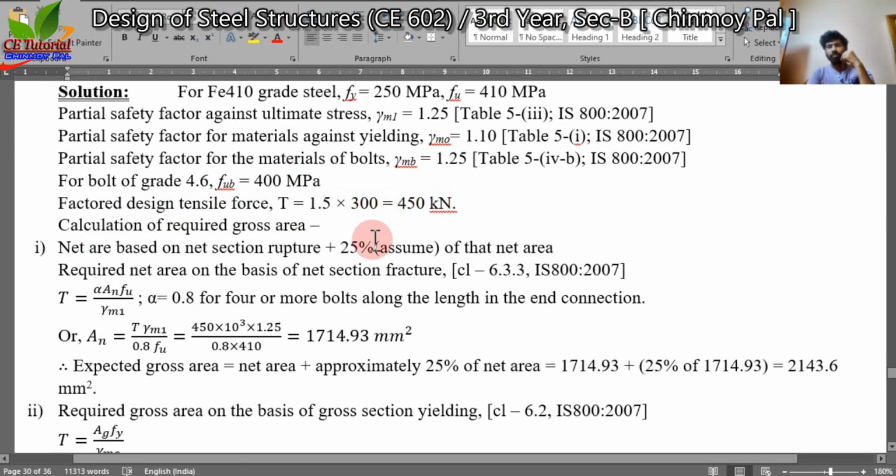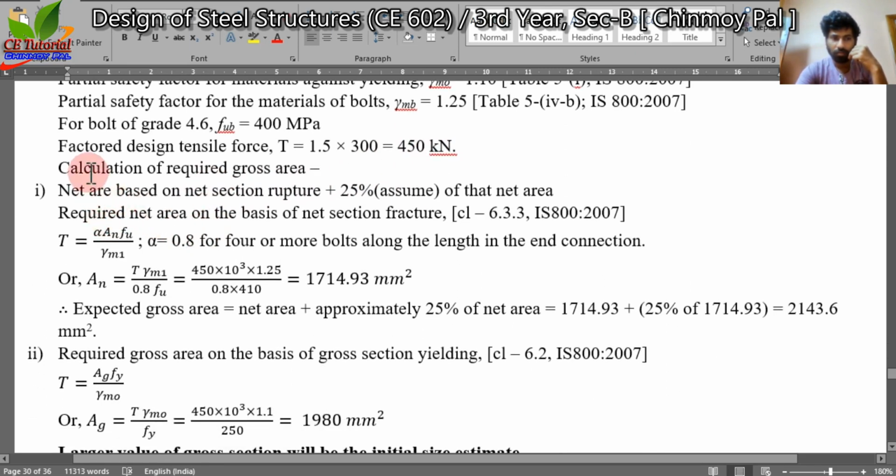Now the next step is you can calculate the required cross-sectional area of the section which can carry 450 kN load, or you can go for calculating the number of bolts required to carry 450 kN load. So let me start from the calculation of required cross-sectional area.